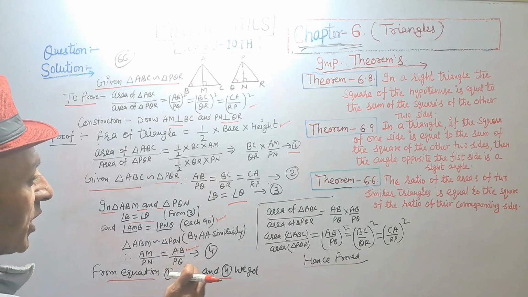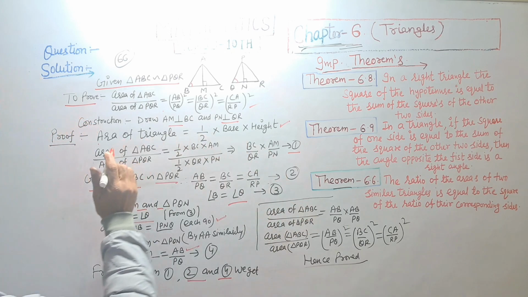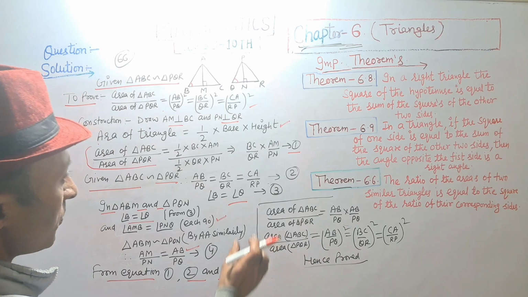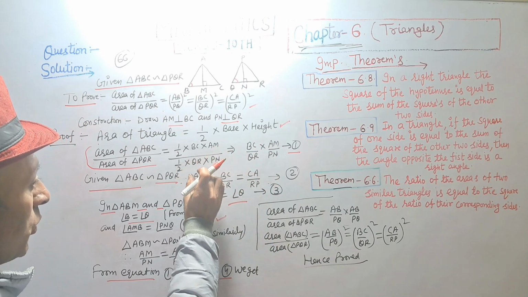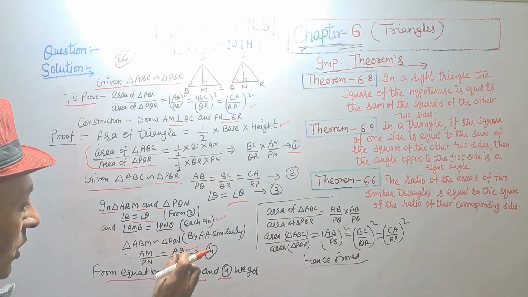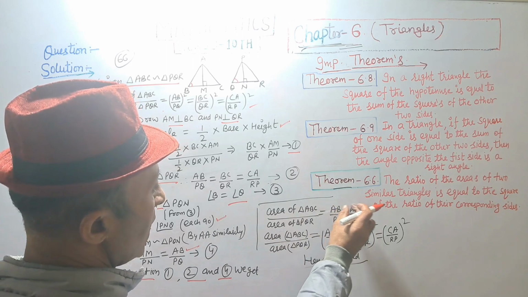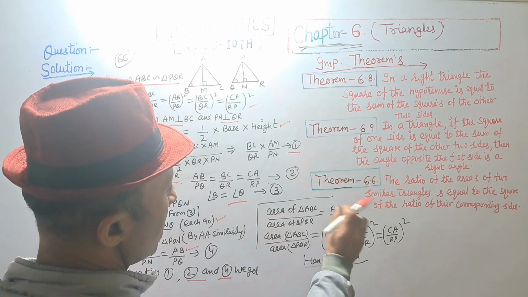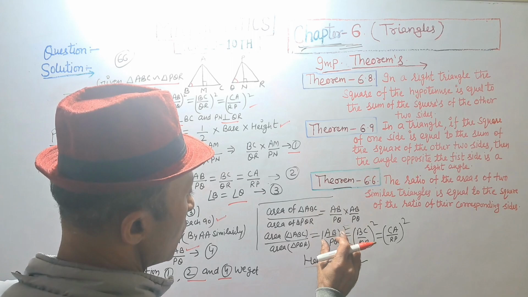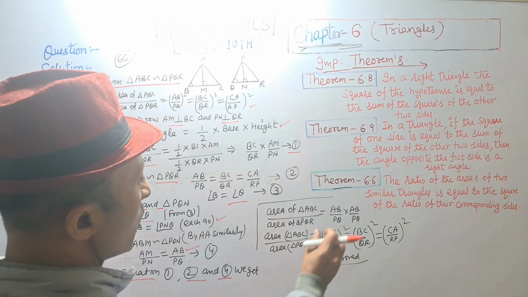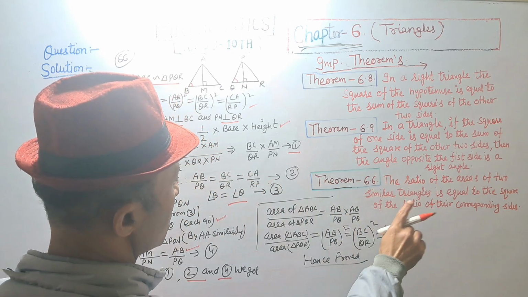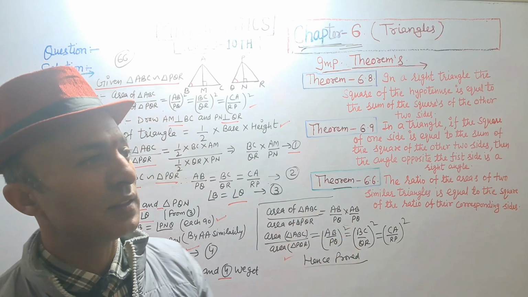Then we get area of triangle ABC upon area of triangle PQR equal to AB upon PQ into AB upon PQ, that is AB square upon PQ square, and we can write it as AB upon PQ raised to power 2. All sides are proportional, so AB upon PQ square is equal to BC upon QR square is equal to CA upon RP square. Hence proved. Thank you so much.